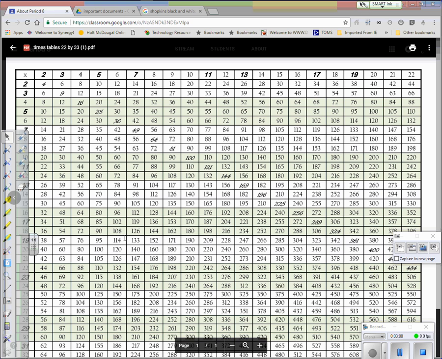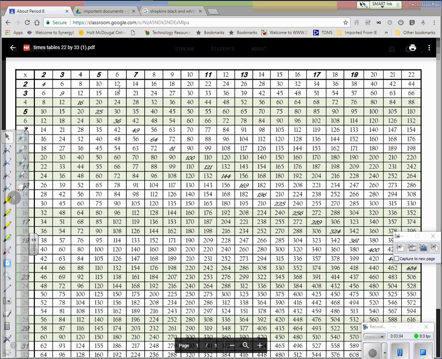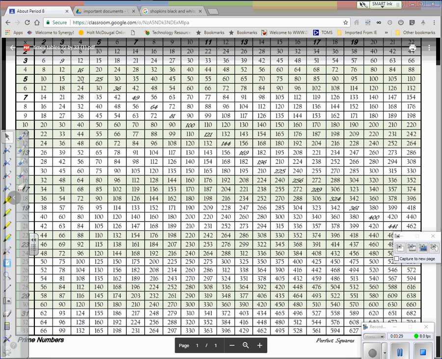If you notice in these times tables, the numbers 2, 3, 5, and 7 are different from the other numbers. These are the prime numbers. So 2 is prime, 3 is prime, 5 is prime, 7, 11, 13, 17, and 19. In the problem I was doing, the 2s are prime and the 3 is prime. So this tells you the prime numbers.